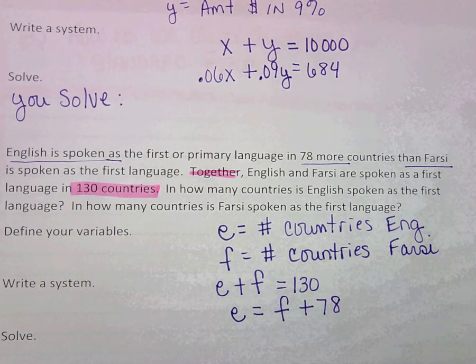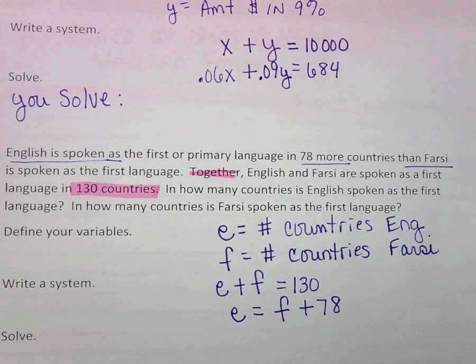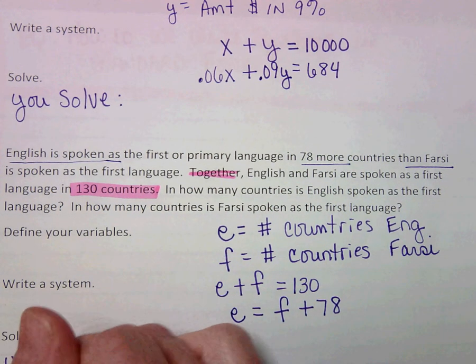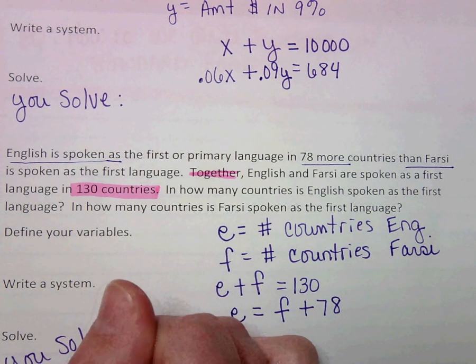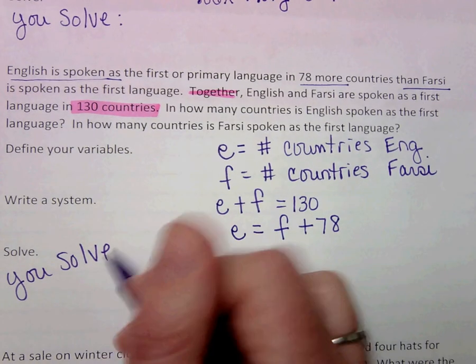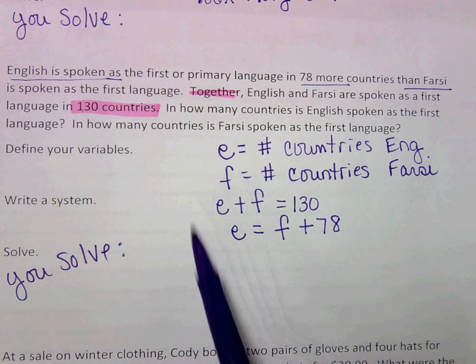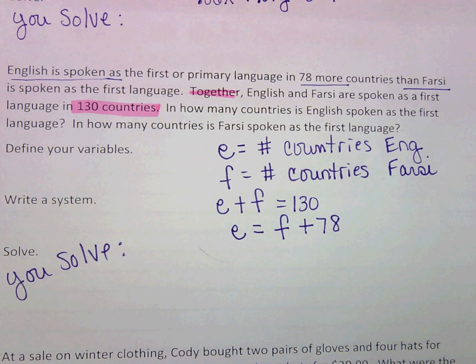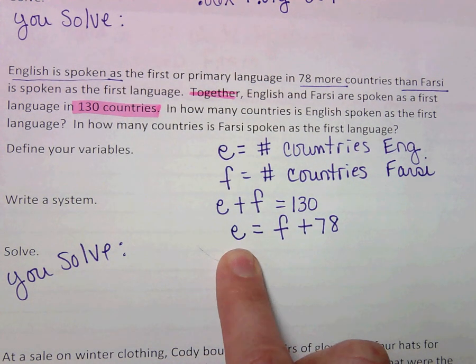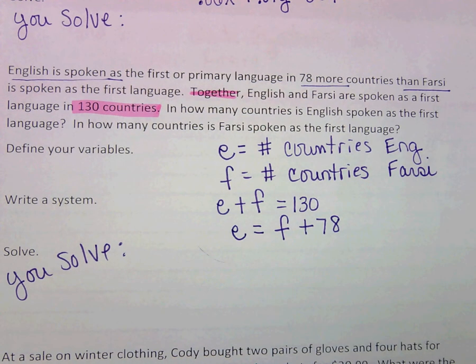When you read that, you might be tempted to write it a little bit differently, like F equals E plus 78, but then that would be saying that Farsi is more. So there's your system. Now I want you to solve this and come up with the answer. I'm going to suggest here that maybe the elimination method would not be the best method to use. You already have a variable isolated, a variable by itself and solved for. It would be really easy to use the substitution method right there.